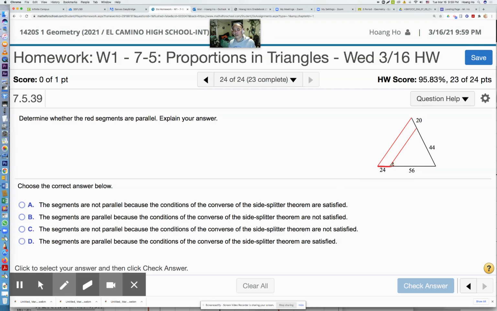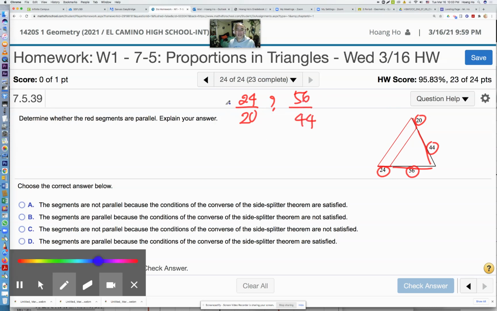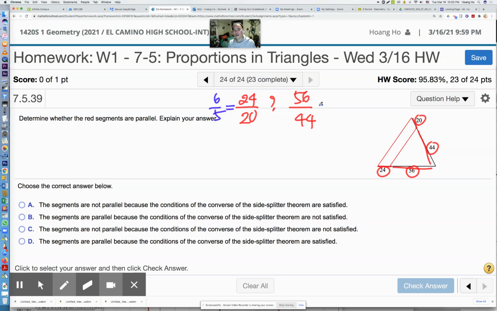How about I divide 24 by 20? 24 over 20, and I compare with 56 over 44, and see if these two ratios are equal. 24 over 20, I simplify by 4, that will be 6 over 5. 56 and 44, how about I simplify by 4? 56 divided by 4 is 14. 44 divided by 4 is 11.